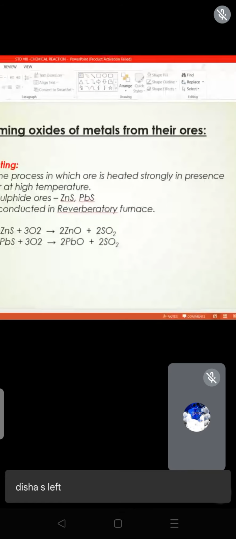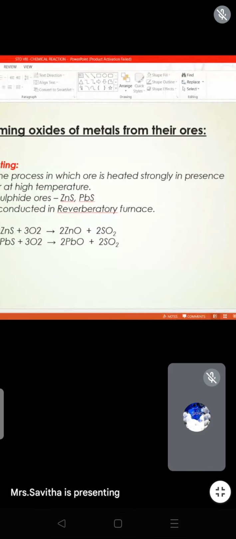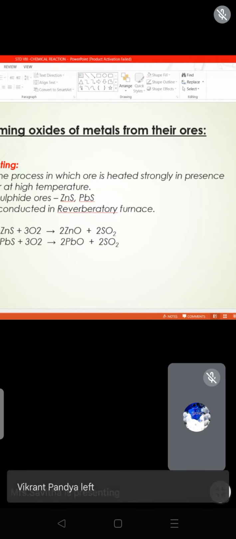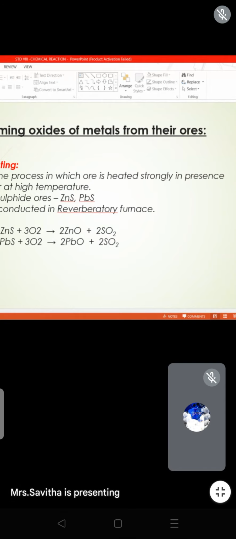In calcination, is oxygen needed or not needed? In a very minimal amount. And roasting? You need a proper amount of air at high temperature. In calcination, which type of ore are we taking? Carbonate. And roasting?